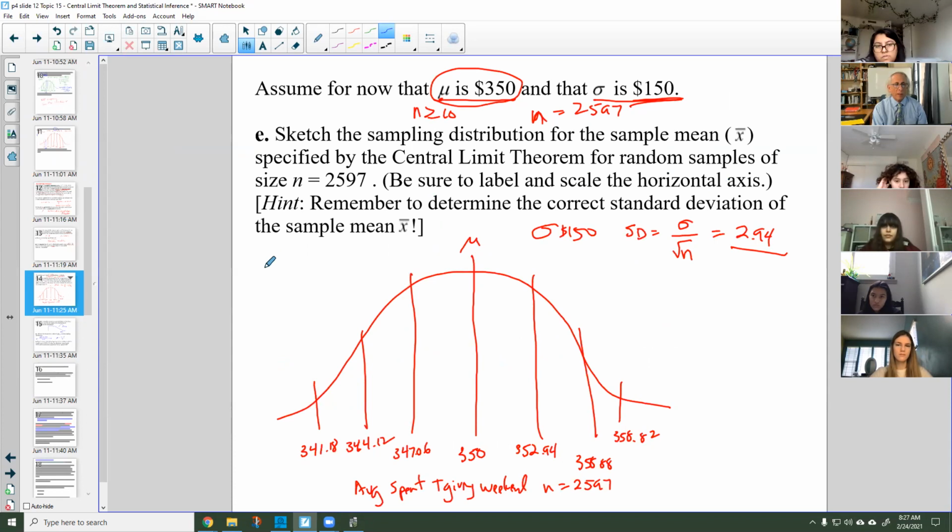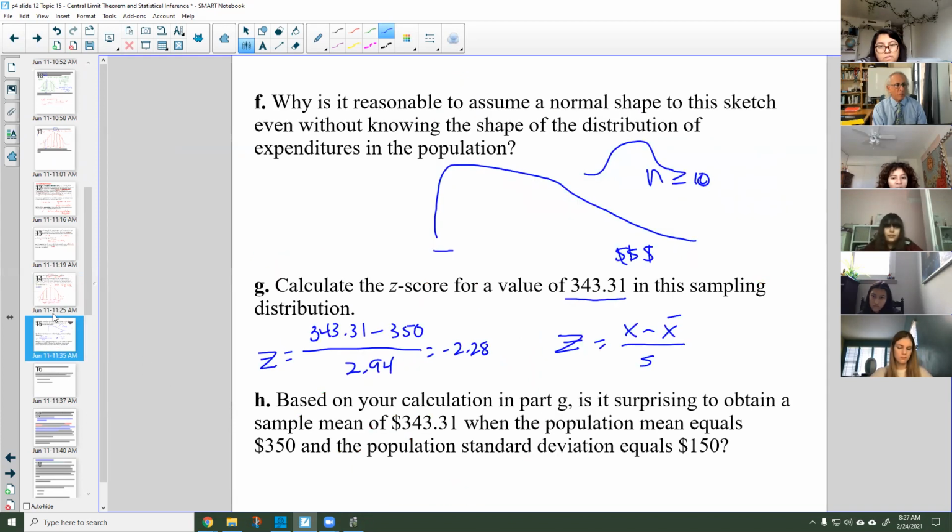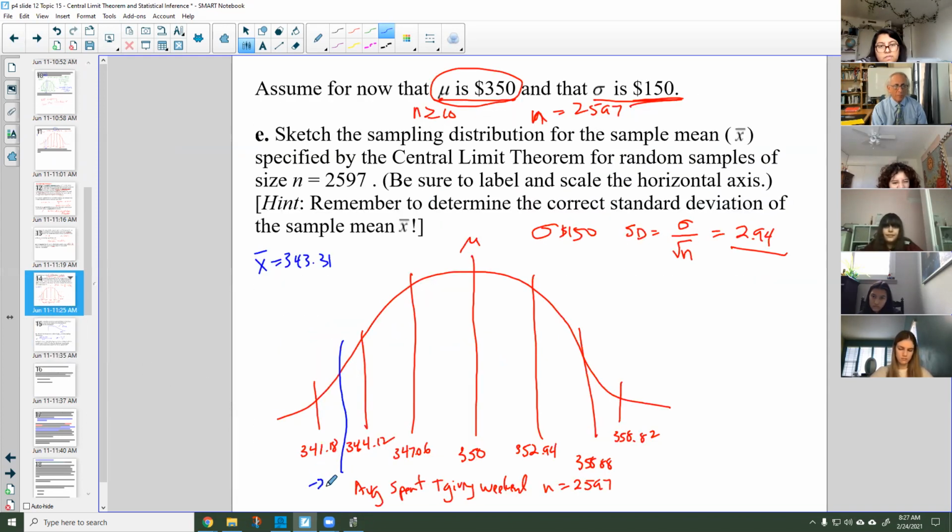Let's write that down here. X bar equals 343.31, and that's over here someplace. So my z-score, negative 2.28, is between -3, -2, -1, 1, 2, and 3. So it's between -2 and -3. So I think I've calculated my z-score correctly. Everybody okay with that? Yes, I'm seeing yeses. Good. Okay, so let's keep going.